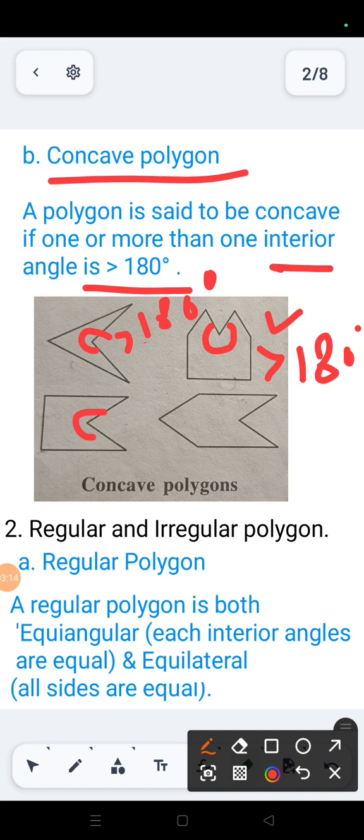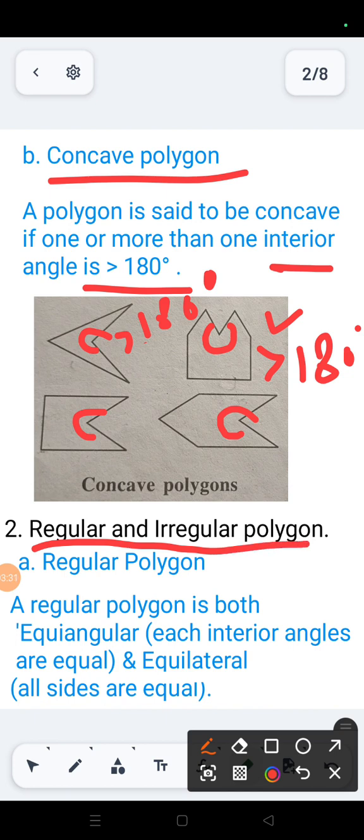Next figure, in this there is at least one angle more than 180 degrees, so it is called the concave polygon.